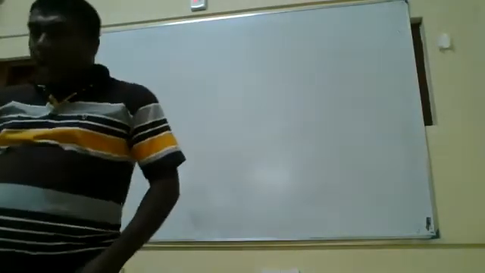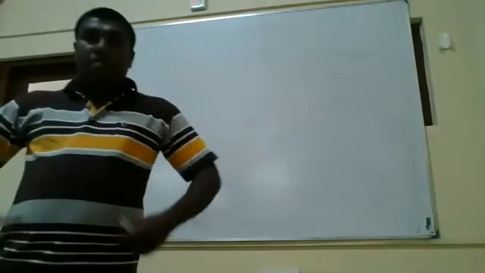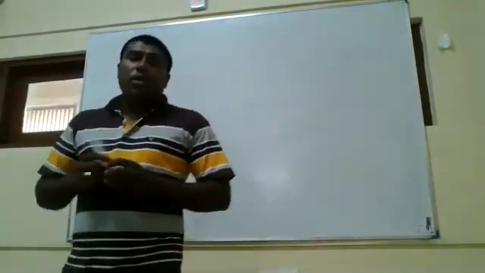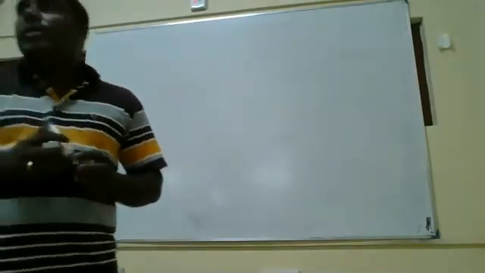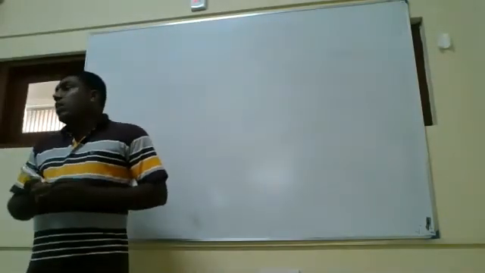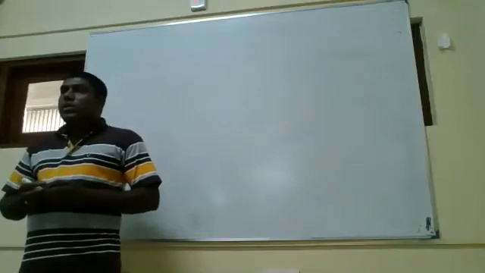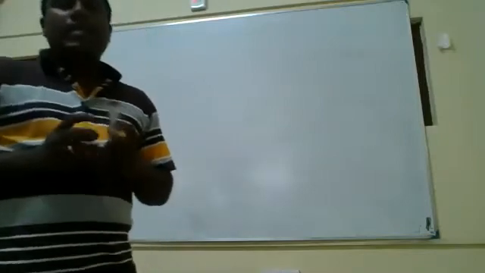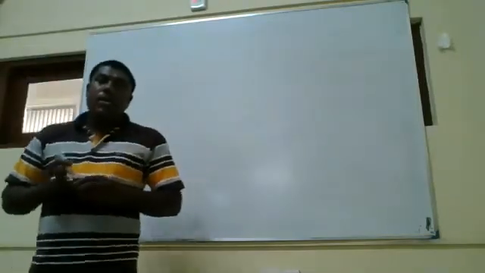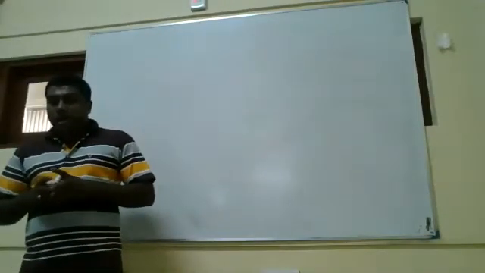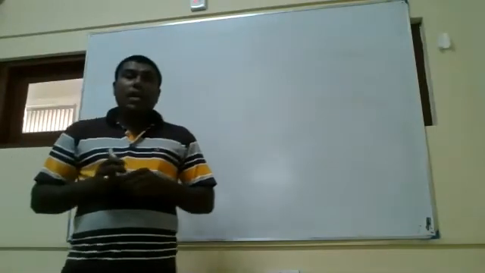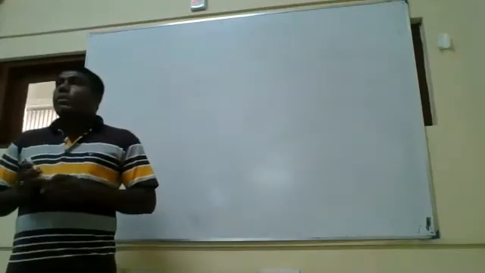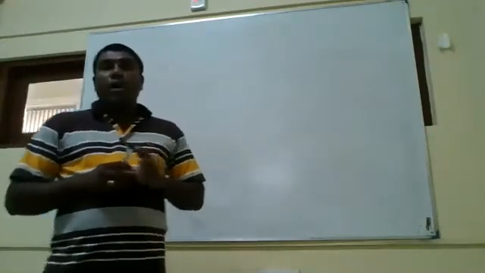Okay, so we will start. Last time we talked about the upper limit and lower limit of a sequence, right? We saw that if a sequence is bounded, it not necessarily will have a limit, but in that case we can define the upper limit, that is lim sup, and the lower limit of a sequence.